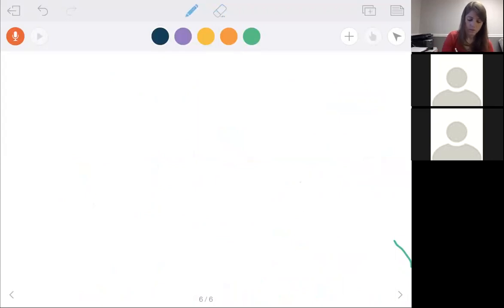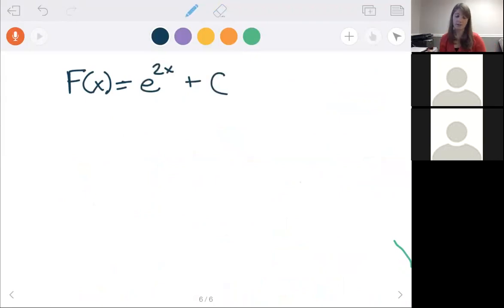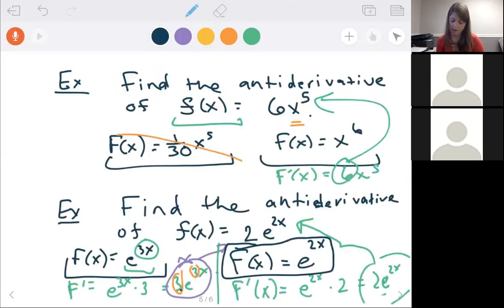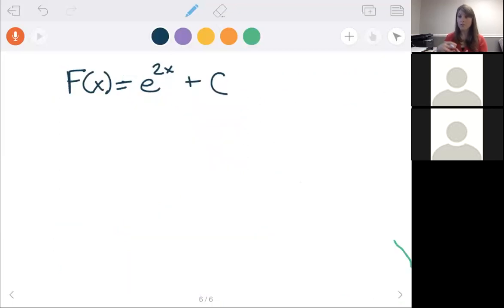So what we want to say in this case is, not only could you have e to the 2x, but you could actually have any set of constants. Like you could have e to the 2x plus 5. If you had a plus 5 out to the end over here, the derivative of that 5 would be a 0. So you can always add that constant, even if you're not working with a power function.